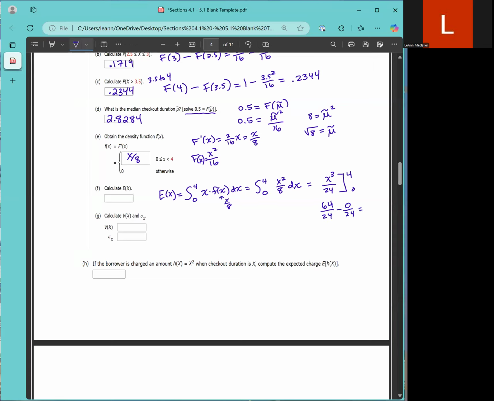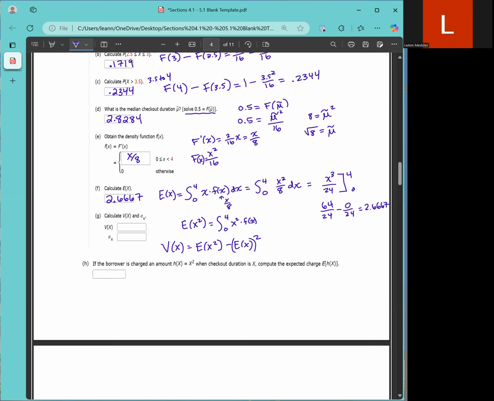Okay. Now, if you want the variance, you can use the shortcut method. Variance is e of x squared minus e of x, squared. So that's a nice thing about that, is that you can use that. Now, we need the e of x squared then. So e of x squared is the same thing you just did here, except you're going to put an x squared in instead of an x in front of your f of x.